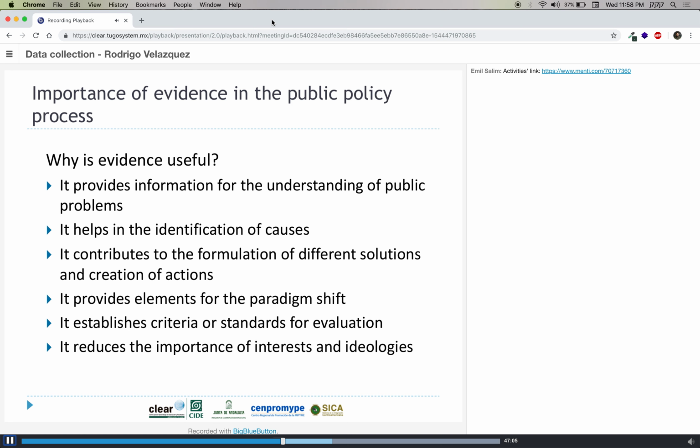So of course we have to provide evidence for public problems. And when evidence is provided, we also identify the different causes of a problem. When we analyze the information related to this problem, then we are going to understand the public problem and also what is causing it.